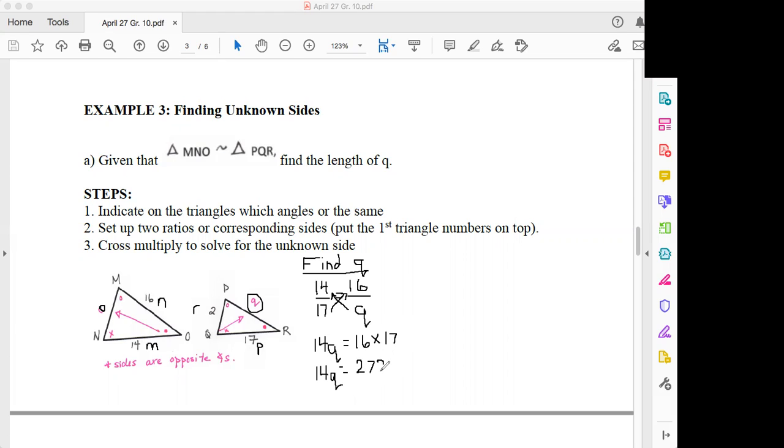The same way that we did it with Pythagorean theorem, you want Q on its own, or you guys know it as BEDMAS. In this case, when you're trying to find a letter, so solve for Q is the expression, you want to do the opposite of BEDMAS. You're just trying to get rid of the numbers that surround the Q. Because this is being multiplied, we're dividing on both sides to cancel that out.